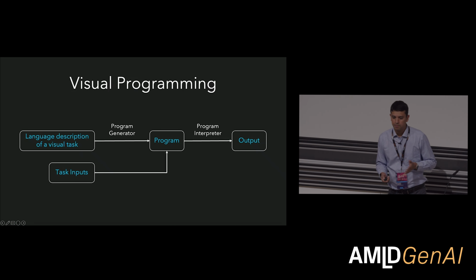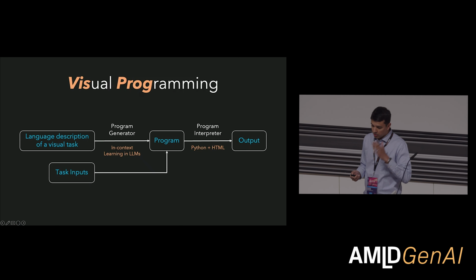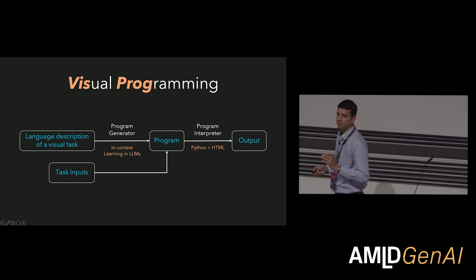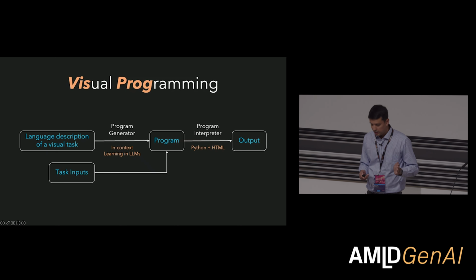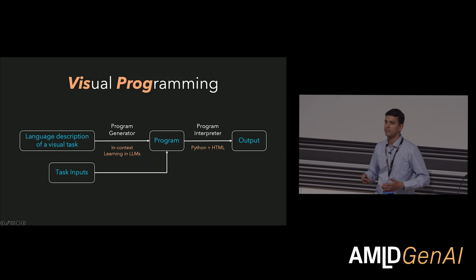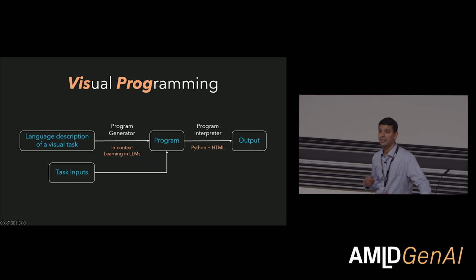Now, in the paper that we recently presented at CVPR, we also introduced an instantiation of visual programming, which was called VisProg. So our instantiation of visual programming uses large language models in order to produce the program and uses some basic Python and some boilerplate front-end code in order to display the outputs.